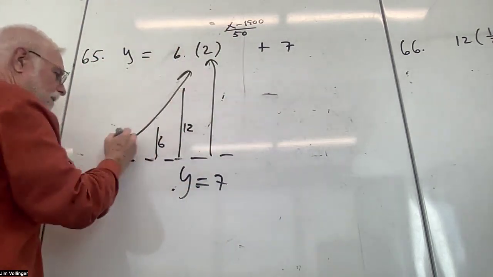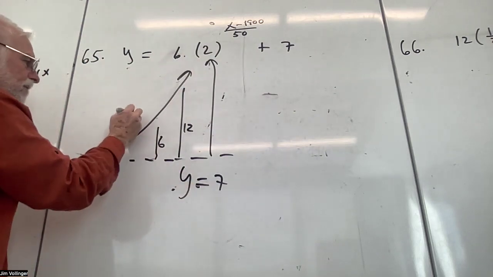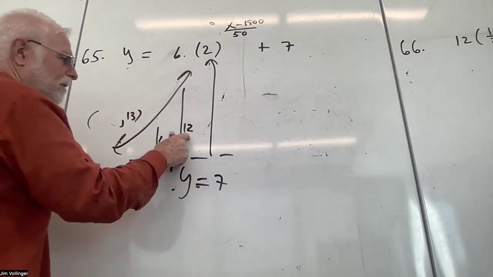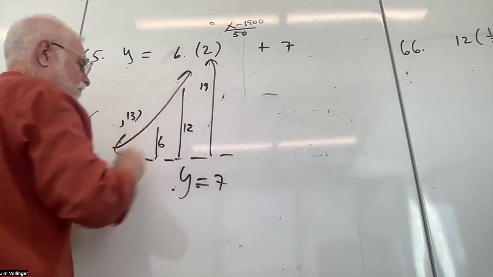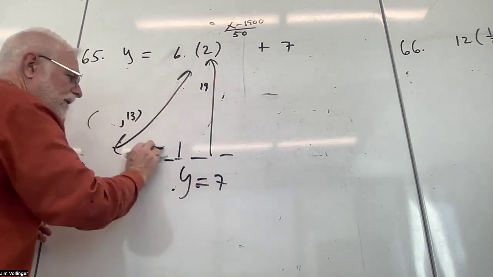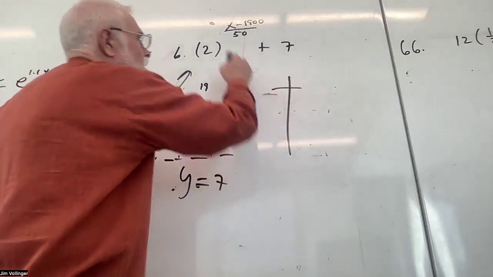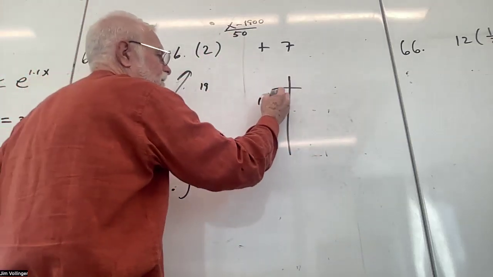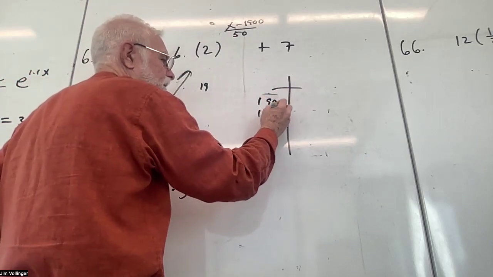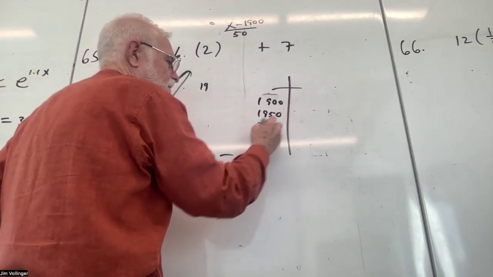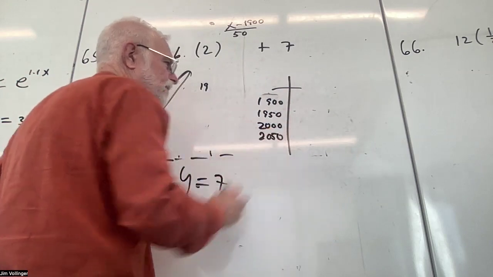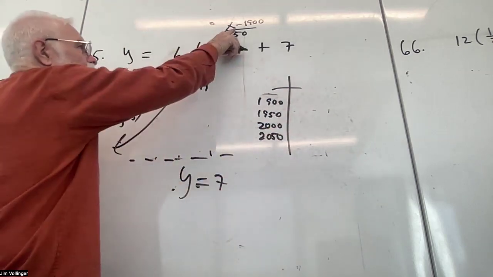So 6 and 7, 13. 7 and 12, 19. Let's get rid of all of the stuff that we don't need that's in our mind's eye. What are the x's? Well, I'm hoping you'll look at this and see 1900, 1950, 2000. All of these are user-friendly numbers. What do I get when I put 1900?